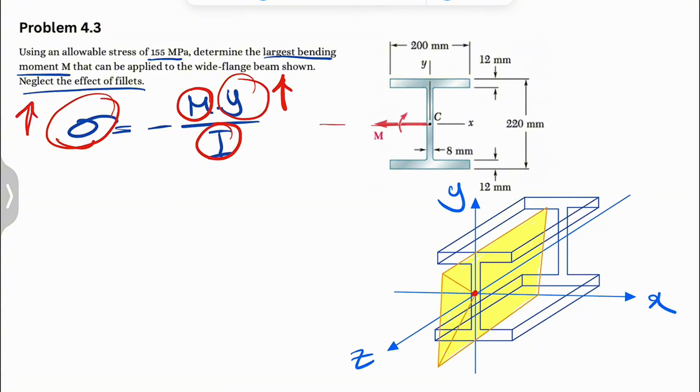Because we have symmetry, again, our neutral axis would be exactly here, which means if we go, and that's our y, we're going to have the maximum stress at these two ends. Obviously, one of them is positive, the other one is negative. So the profile of the stress, if I show it in this yellow plane that I drew, is going to be something like this.